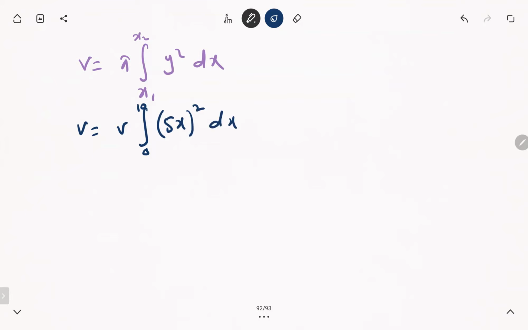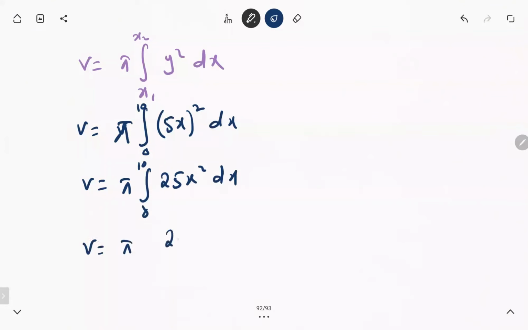Now we'll use this formula to find the volume. It should give the same answer. Before integration, we need to open the square. So it will be 0 to 10 as it is, (5x) squared is 25x squared dx. Now if you integrate 25x squared, you will get 25x cubed over 3, from 0 to 10.